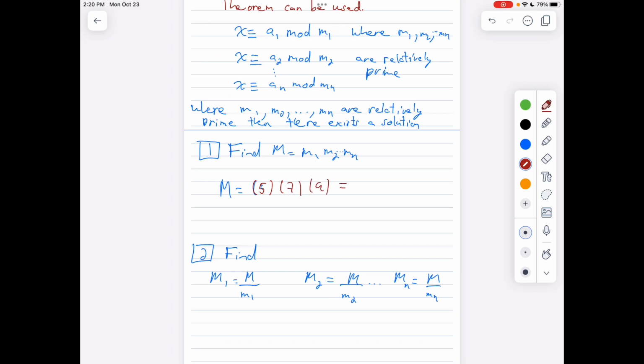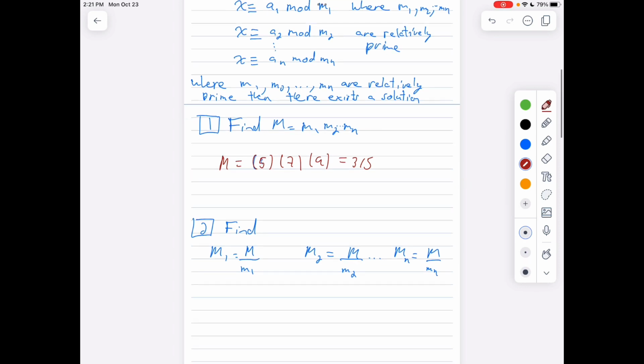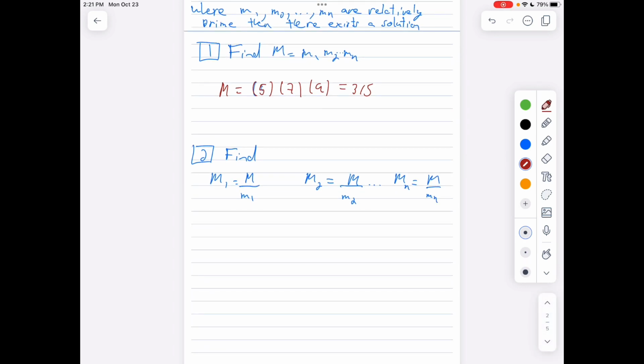So that is going to be 315. Now, one thing I suggest you do is to leave it in the factored form, and we will use that 315 later on as well, but keep it as 5, 7, and 9, because that's going to be beneficial.